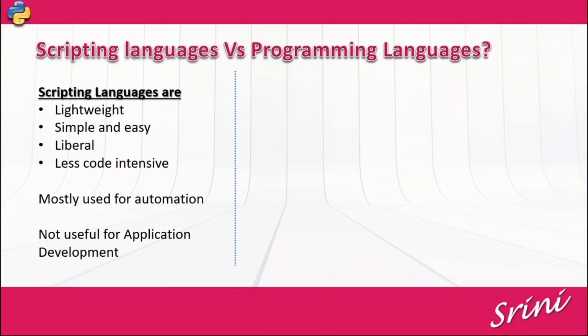Maybe system task automation, network task automation, process automation, any application or any tool, the task automation. Like this, any kind of automation scripts we can develop. The examples: VB script, JavaScript, Perl script, Ruby, these all are scripting languages.